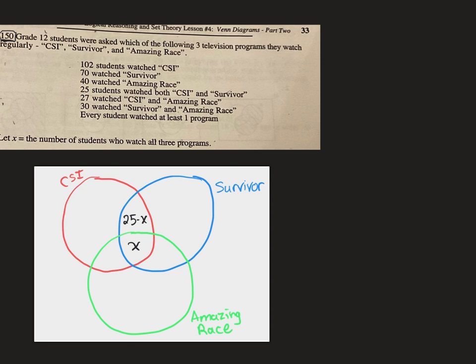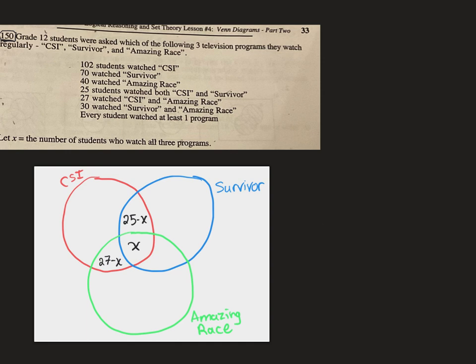Okay, next we're going to look at 27 students watch CSI and Amazing Race. CSI, red circle, Amazing Race, green. So the overlap of those 2 circles would be these 2 regions. This one here and the one we called X. So those 2 regions will add to 27, which means this other region would be 27 minus X. Okay, cool.